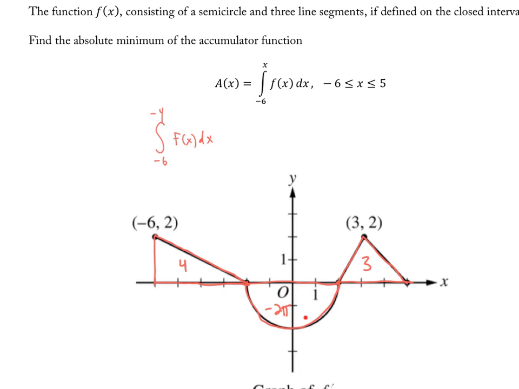So that function will decrease, decrease, decrease up until here, and then it'll start increasing. So the real question is what's this area, negative 6 until 2? And that's the area, this 4 minus 2 pi.